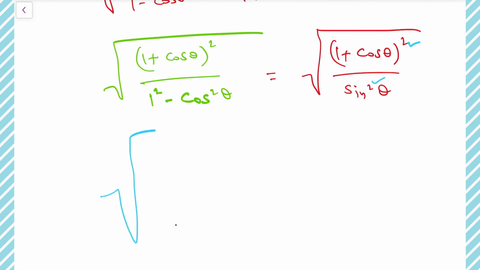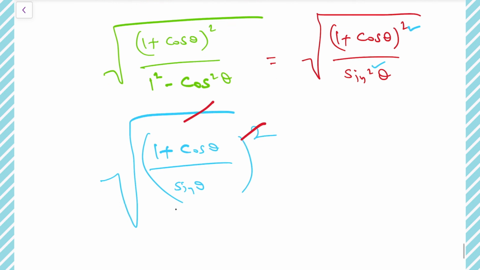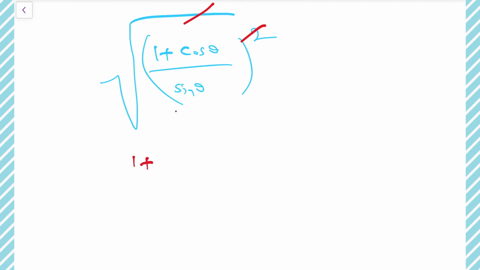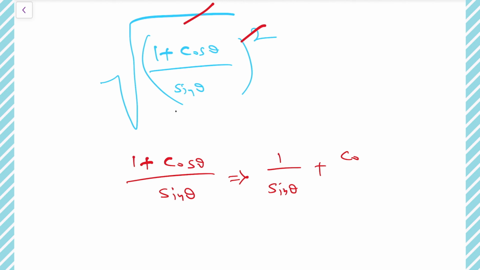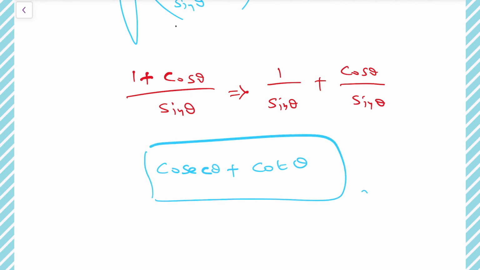So that can be written as 1 plus cos theta by sin theta whole square. Then the square root and square both get cancelled. Finally we remain with 1 plus cos theta by sin theta. Then if we separate it, 1 by sin theta plus cos theta by sin theta. 1 by sin theta is cosec theta, plus cos theta by sin theta is cot theta. Hence proved.